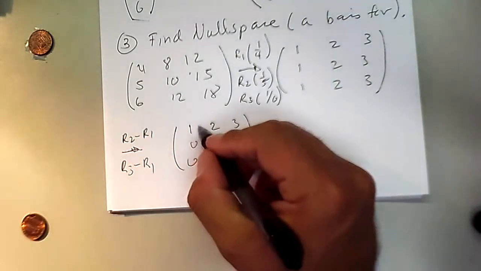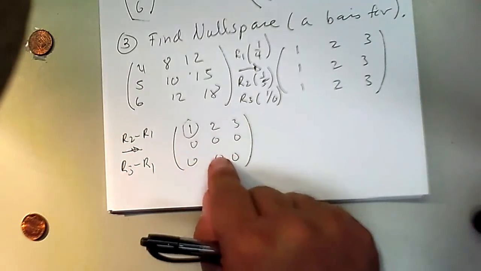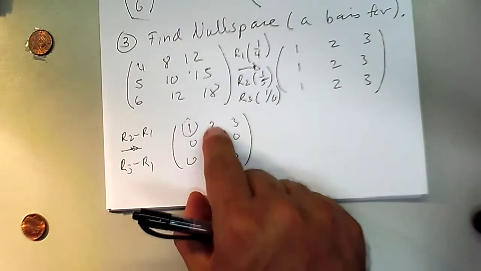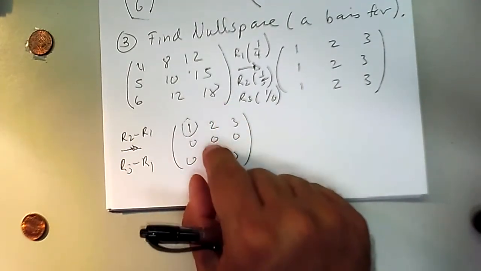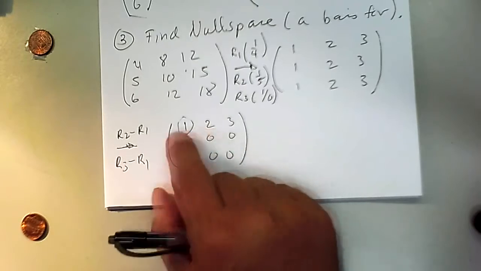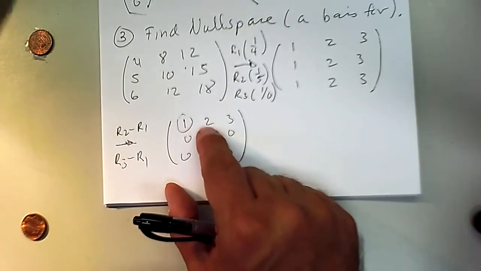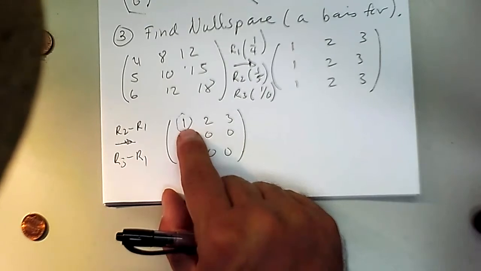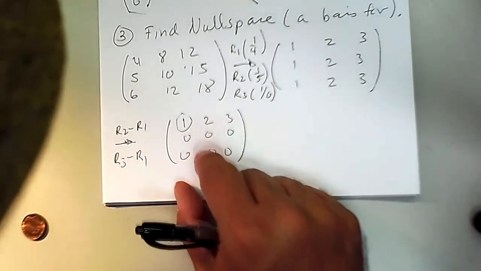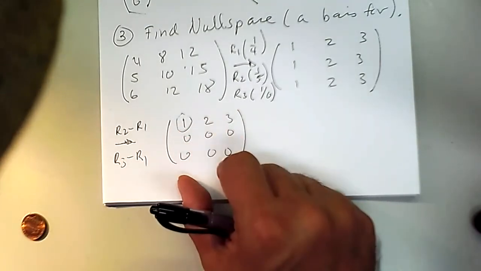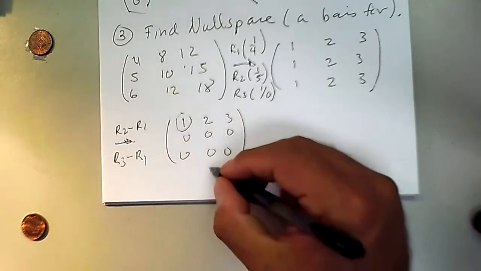Now this has only one pivot. These columns have no pivots, because the pivot should be the first element that is non-zero in its row, and this is the first element that is non-zero. So there's only one pivot in the whole matrix. Consequently, those two are free columns.